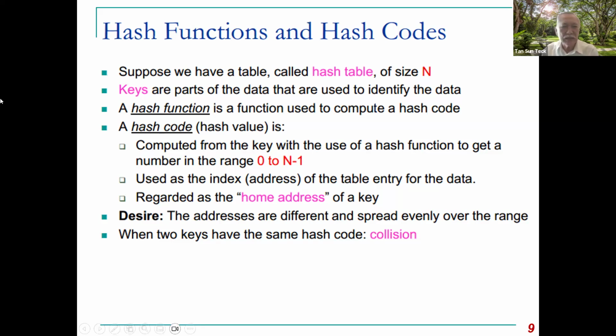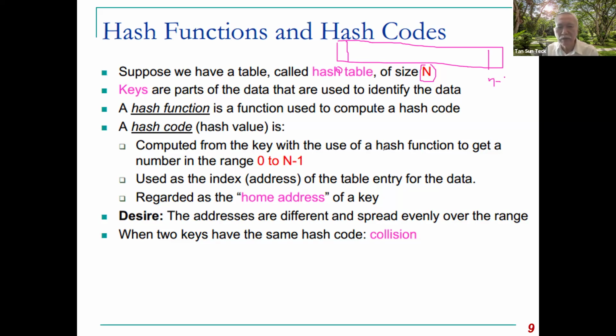Because the table size is n, we have n entries starting with index 0 all the way up to index n minus 1. Therefore the hash function, given the key, must return a value in this range so that we can put the record inside this hash table.